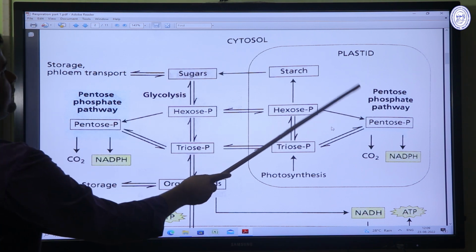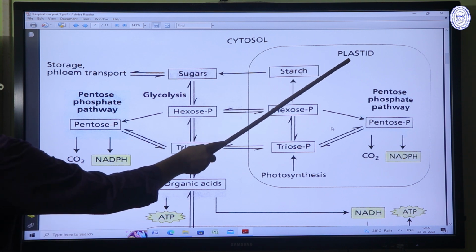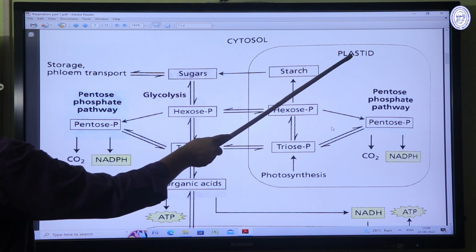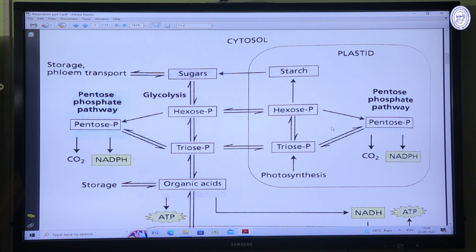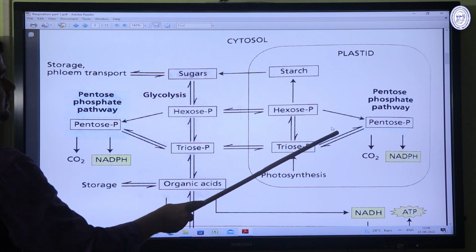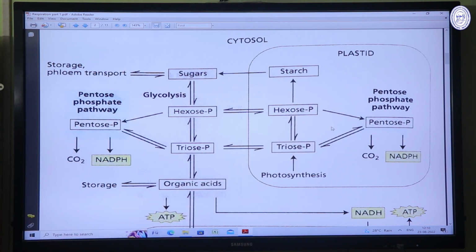Another one, the pentose phosphate pathway. It involves plastid and cytosol. What happens here? A 6 carbon compound will be converted into a 5 carbon compound, and carbon dioxide and NADPH will be produced.